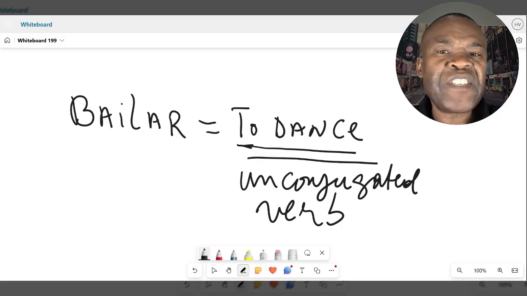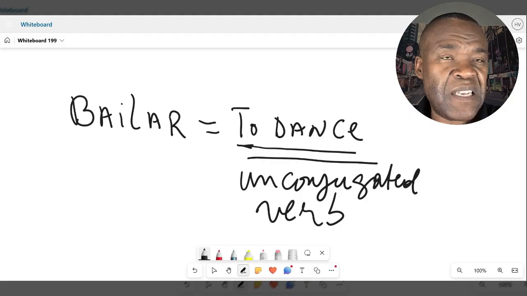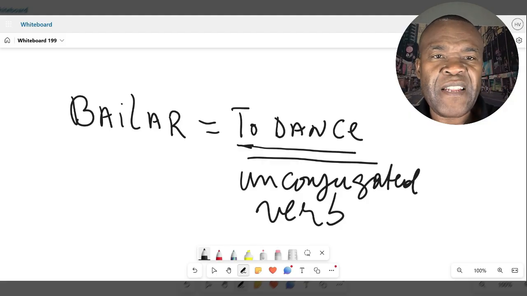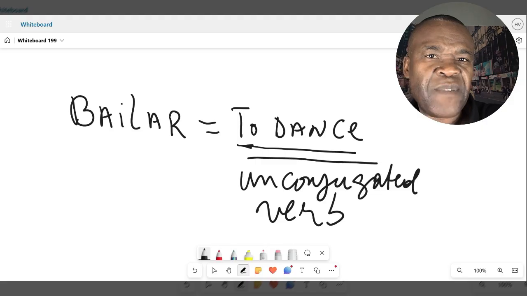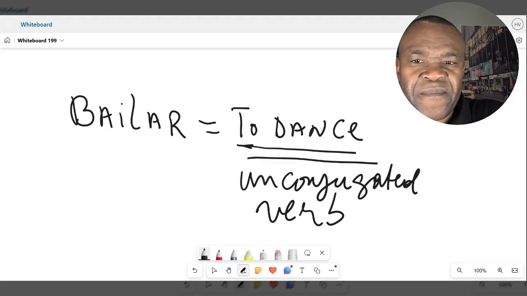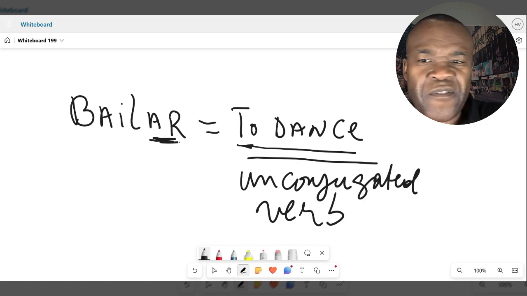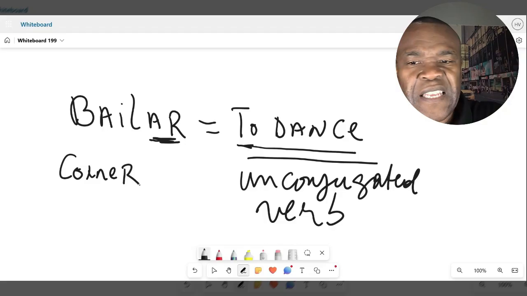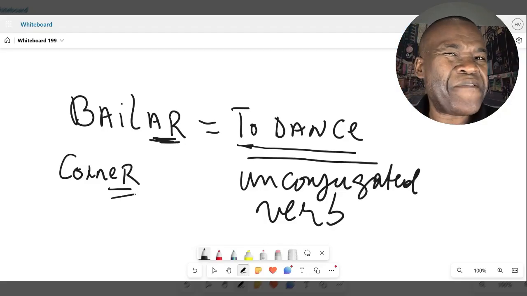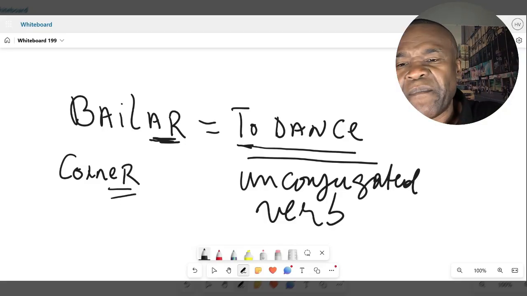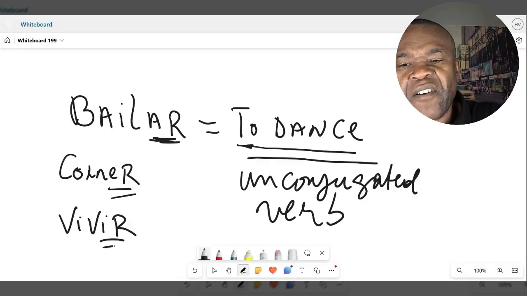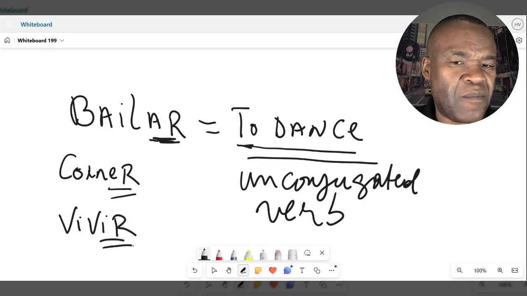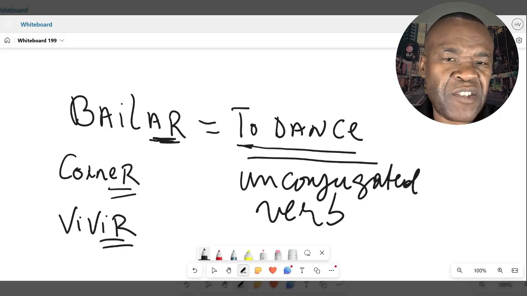In Spanish, you don't need a preposition in front of the verb to know that it's the infinitive form that we're dealing with. You look at the ending. If it ends in AR, then that's the infinitive form of the verb. When you look at comer, the ending is ER, that's the infinitive form of the verb. Vivir, the ending is IR, that's the infinitive form of the verb. You don't need to put a preposition in front of it.